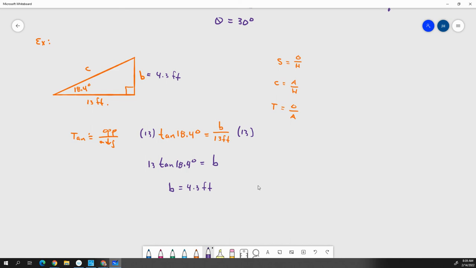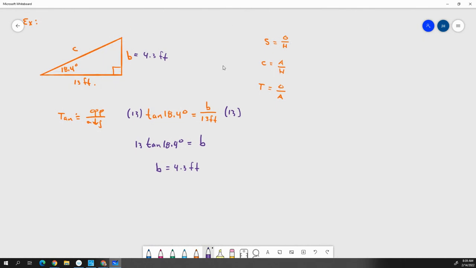But if I had been solving it in the opposite order, because I could choose either one, right? I could have solved C first. So I'm going to go as though I don't even know what B is, but I could use 4.3 if I want. I could have the opposite and the adjacent.